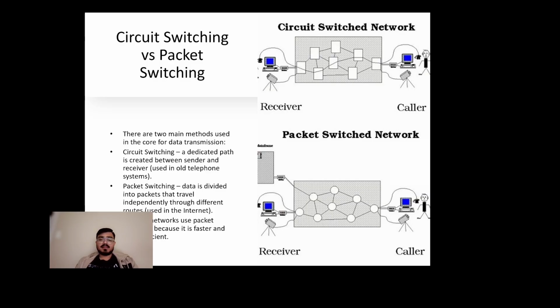It's like sending letters that take different roads but all reach the same destination. Today, the internet uses packet switching because it's faster, more flexible, and uses resources efficiently. You can see here in the picture there is a packet and there are switches. So let's move to the next one.